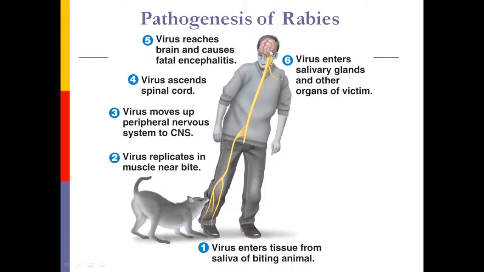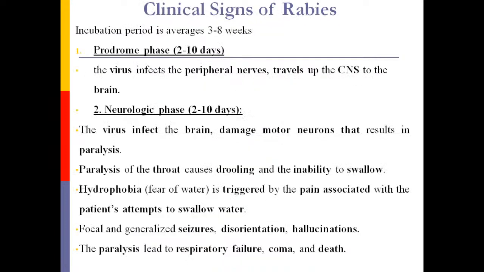Virus reaches the brain and causes fatal encephalitis. After that, the virus enters salivary glands and other organs of the victim, other internal organs. The incubation period of rabies is on average from 3 up to 8 weeks.